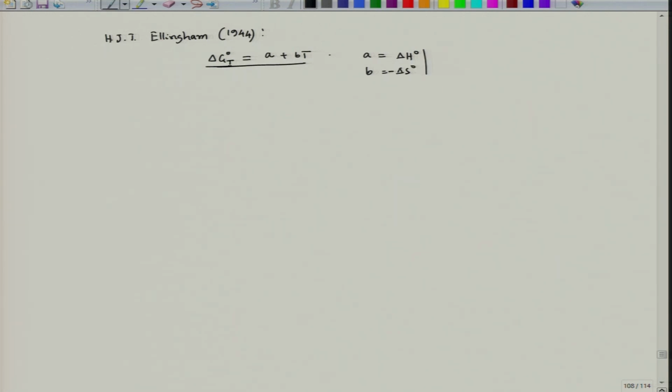So, for oxides as well as for sulfides, since we are talking about oxidation, we will talk about oxides.